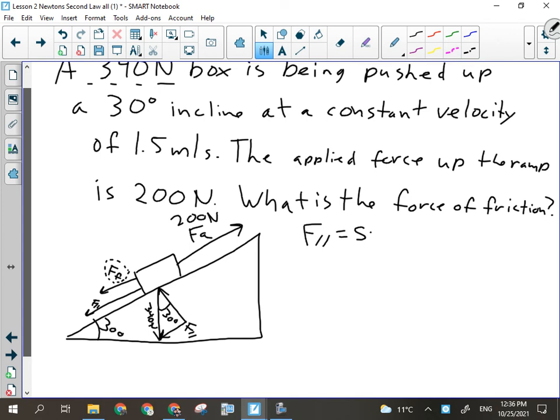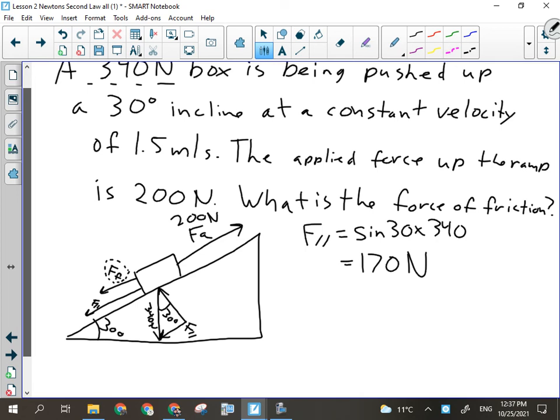It's the opposite side, so I take the sine of theta, in this case 30 degrees, and multiply it by the hypotenuse, which is gravity, 340. So F parallel is 170 newtons. That's why I always pick 30 degrees, because then it's easy to do in my head.